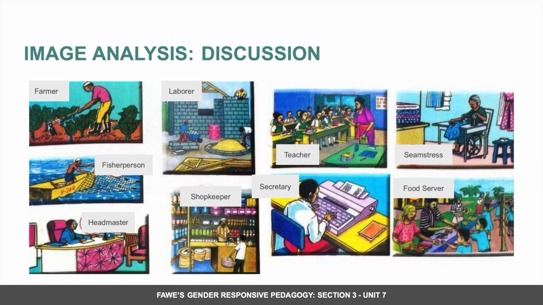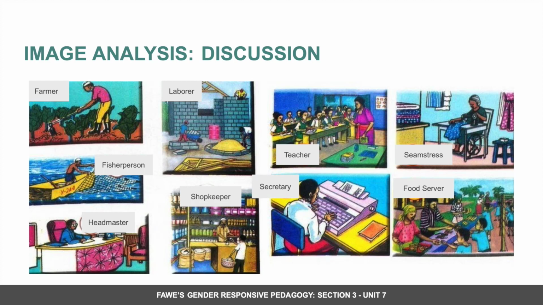What type of tasks are the men and women shown doing? Are these tasks stereotypical? Do women serve in roles of authority, such as headmistress, or work as agricultural laborers? Do men work as tailors or teachers?